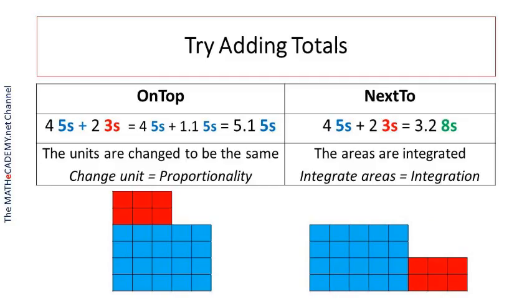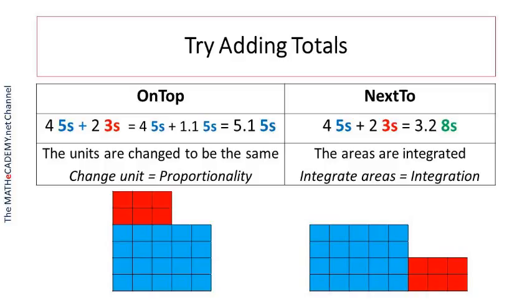Once counted, totals can be added. But how? On top or next to? Apparently, division, multiplication and subtraction are well defined, but with 2 options, addition is not well defined. To add on top, the units must be the same, so here we need to recount one of the units.